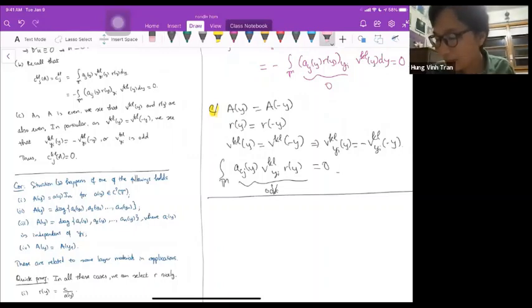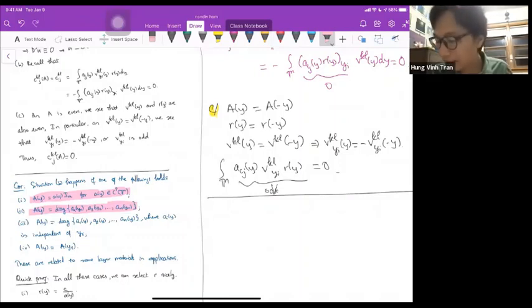For example, if A(y) equals a scalar function times the identity matrix, then we have the rate epsilon square. If it's a diagonal matrix and in the first slot it only depends on y1, the second slot only on y2, and the nth slot only on yn, then it also happens.